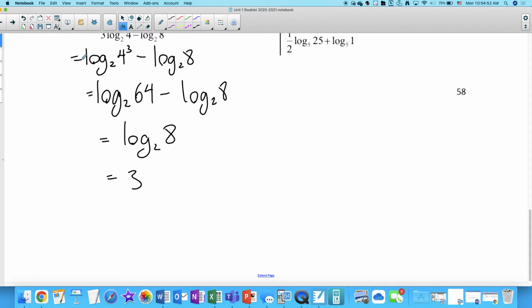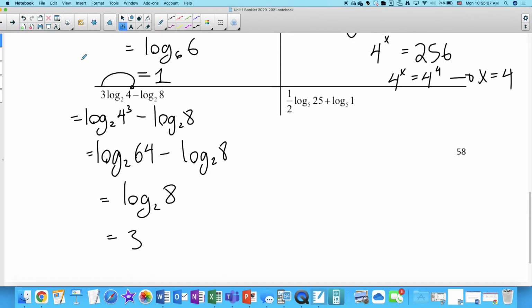Okay, and then finally, this last guy, what are we going to deal with first here? Right, the 1/2. So we have to put that on 25 as the exponent. What's the value of 25 to the 1/2?